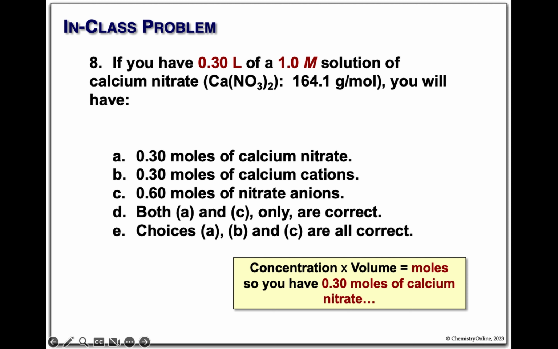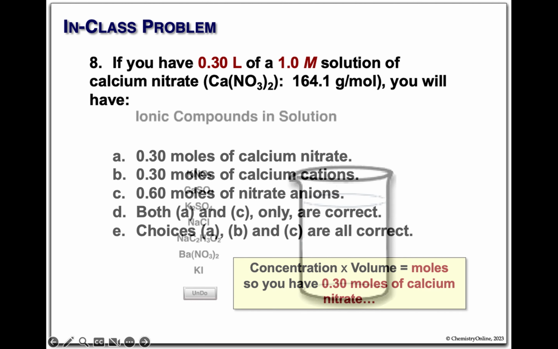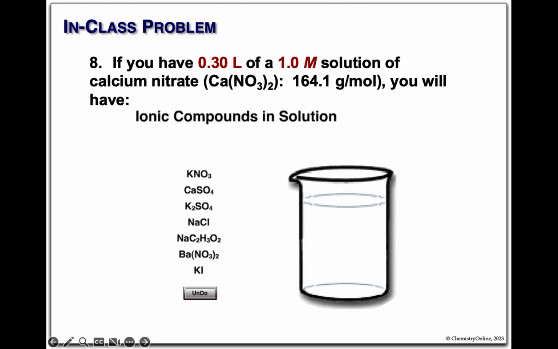We're also asking about calcium ions and nitrate anions. Let's just review what happens when you take this and put it in solution. Remember, in this case, we're taking potassium sulfate, but the same thing. We are going to take this, put it in a beaker. It's going to totally dissociate. So you take your ionic compound, it totally dissociates according to the mole ratio.